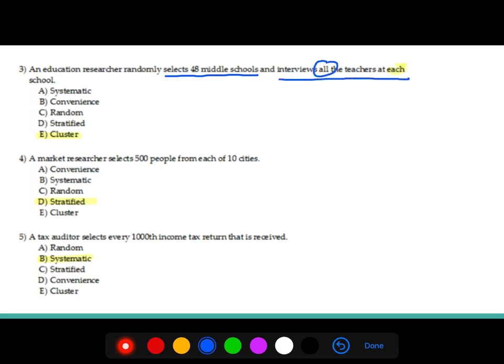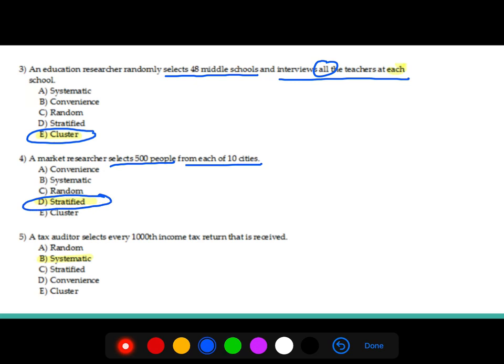An education researcher randomly selects 48 middle schools. So he's selecting the middle schools, and then he interviews all the teachers at each school. So that one is like selecting neighborhoods and getting everybody. That's a cluster. A market researcher selects 500 people from 10 cities.